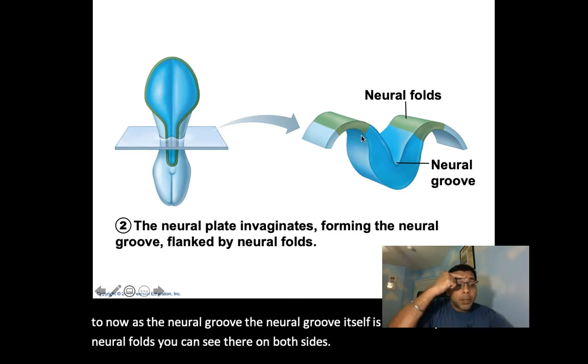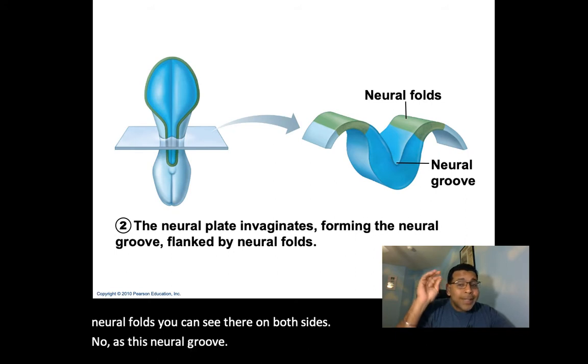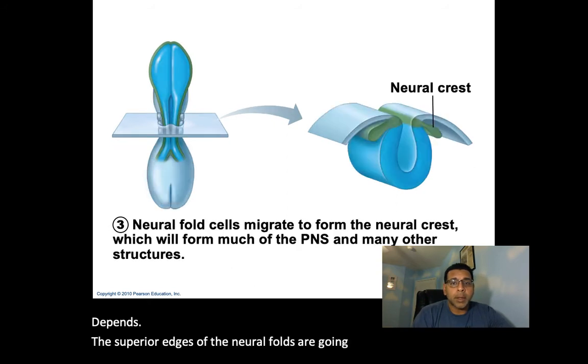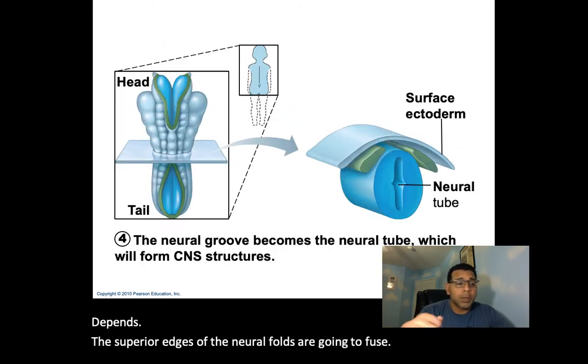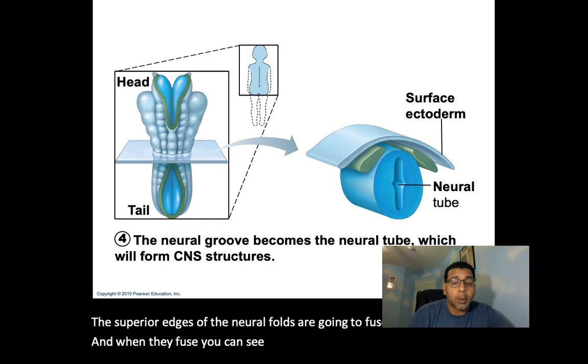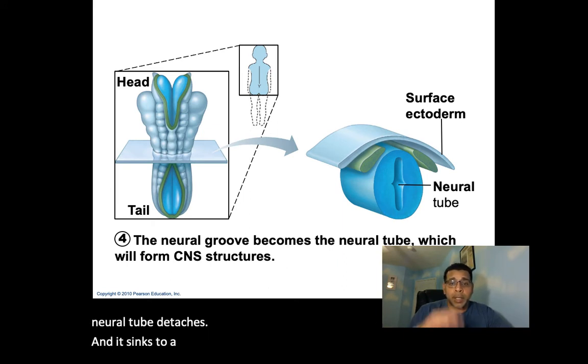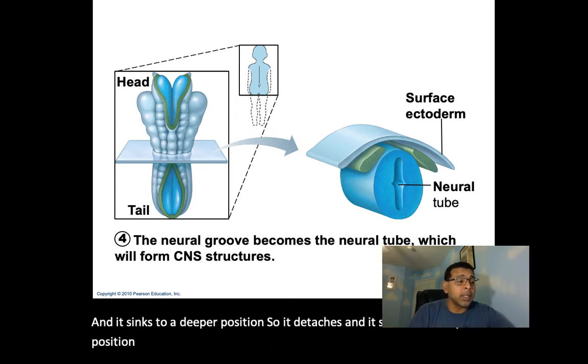As this neural groove deepens, the superior edges of the neural folds are going to fuse. When they fuse, you can see forming our neural tube. The neural tube detaches and sinks to a deeper position. And there we can see this neural tube.